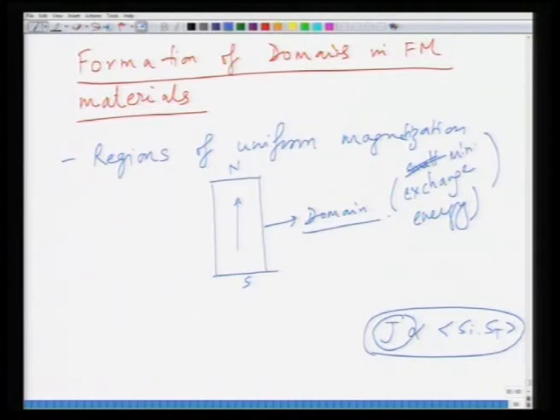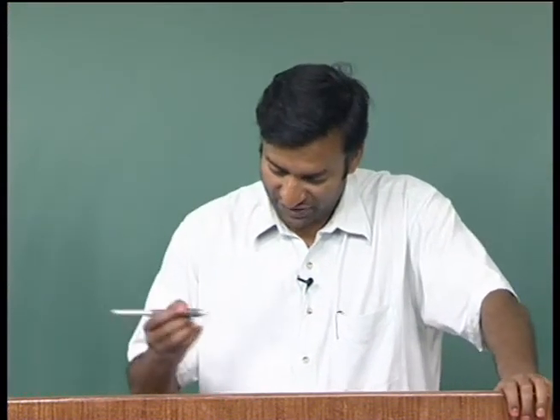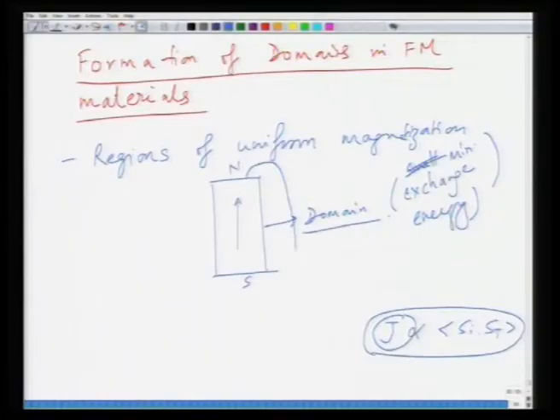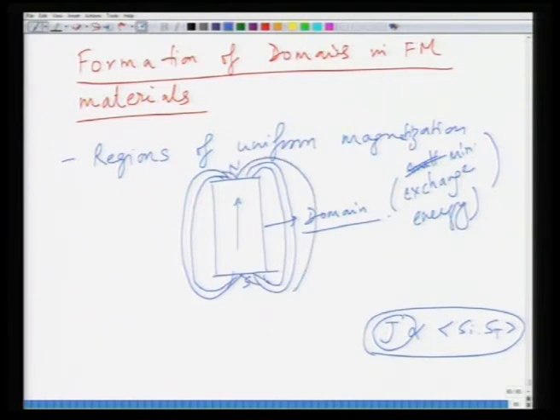Now, you can have all the spins aligned in one direction throughout the volume of the material. That is fine, but what is the problem with this? When you have such a situation, you have very large surface magnetization energy, called magnetostatic energy. You have very large flux lines on the surface of the material. As a result you have very large surface magnetic energy, or magnetostatic energy, which makes this structure unstable.